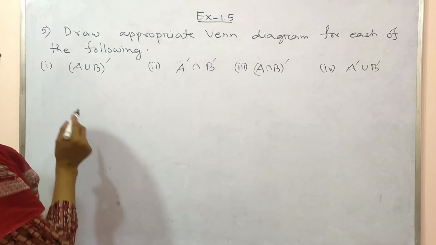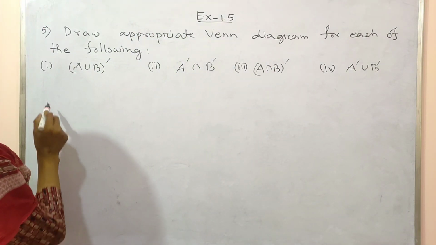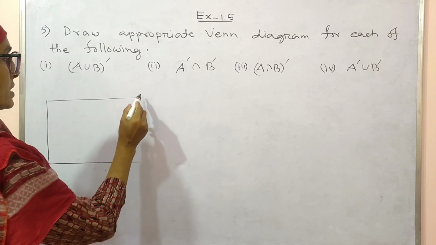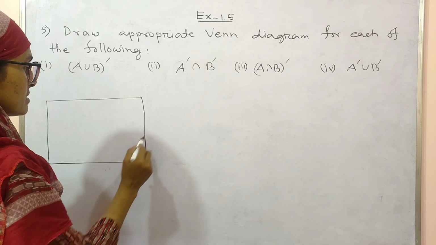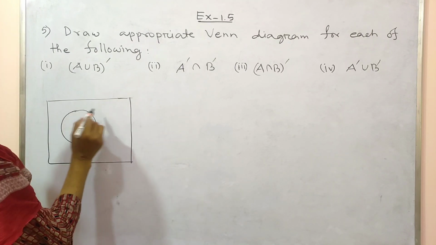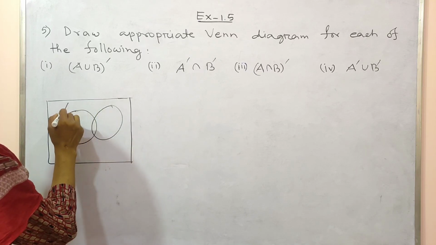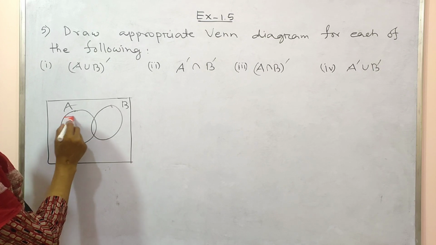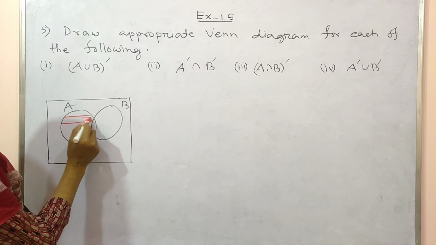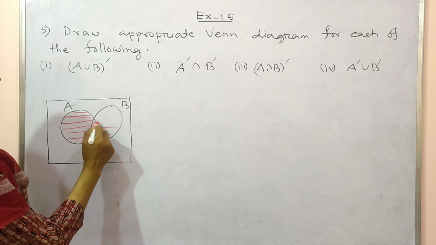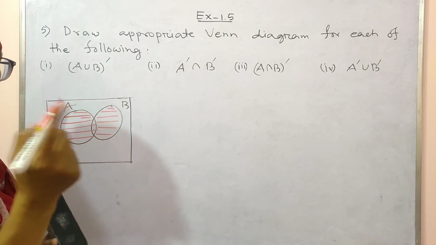So for a Venn diagram, you have to first draw the universal set, and the universal set is represented by a rectangle. Say this one is U, and in the middle, say this one is A, this one is B. A set, B set. The middle portion is A union B. You can draw the diagram.